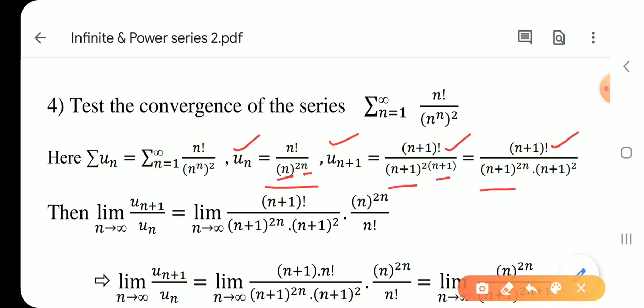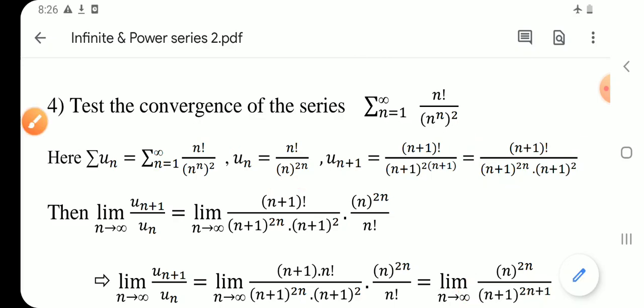So I have split it as n plus 1 to the power 2n into n plus 1 to the power 2. We have split it and written.